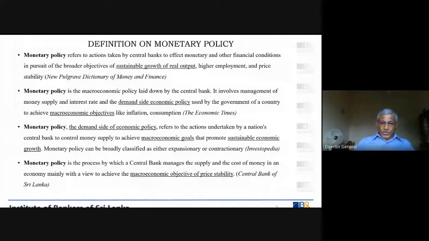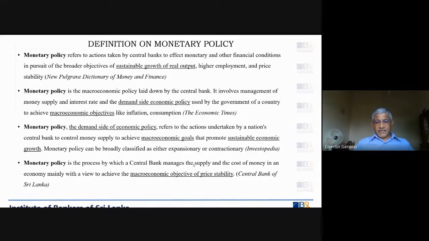Now, let's look at where it was in one of these slides. Price stability, financial conditions. The last one, supply and cost of money. Let's go to the central bank's definition. Monetary policy is the process by which a central bank manages the supply.